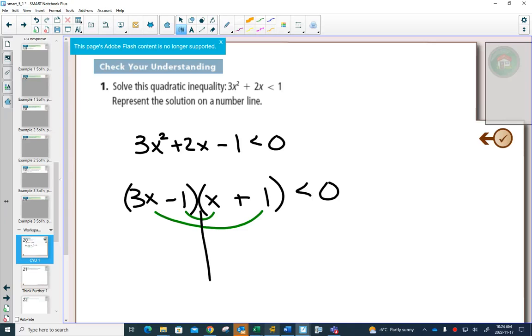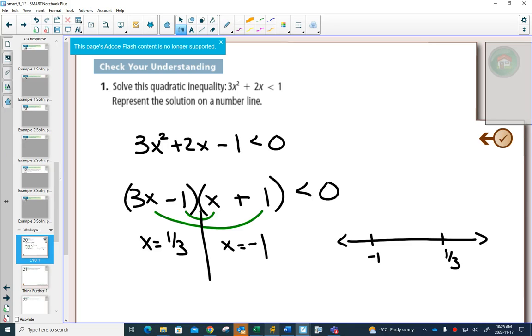And just like solving, when is it equal to 0? It's equal to 0 at 1/3. It's equal to 0 at -1. And so on our number line, we would have, well, -1 would be here, 1/3 would be here.